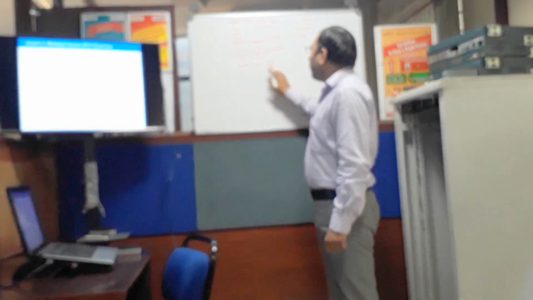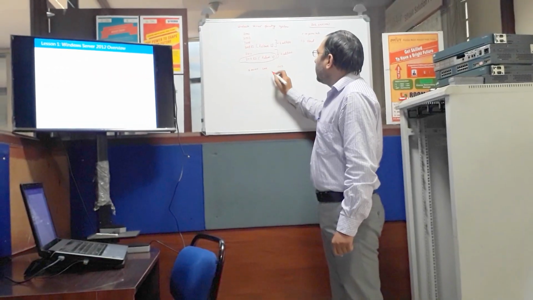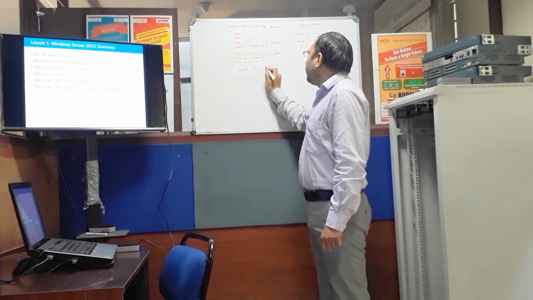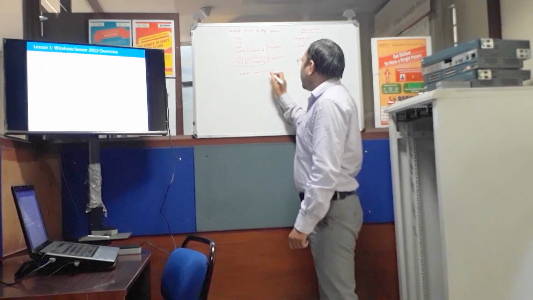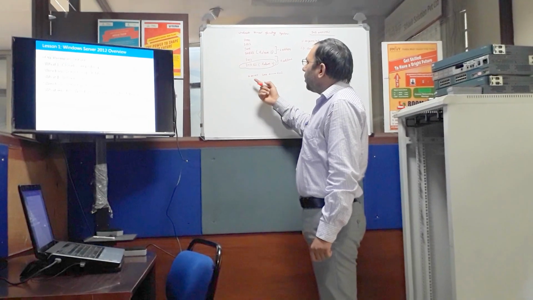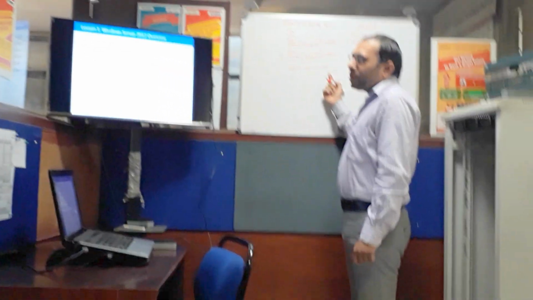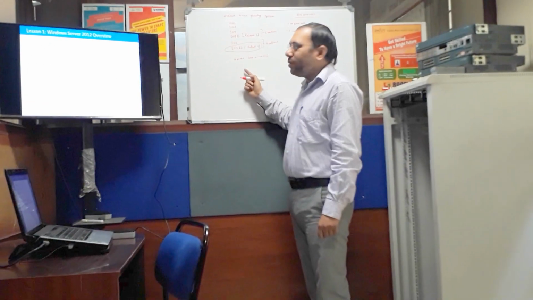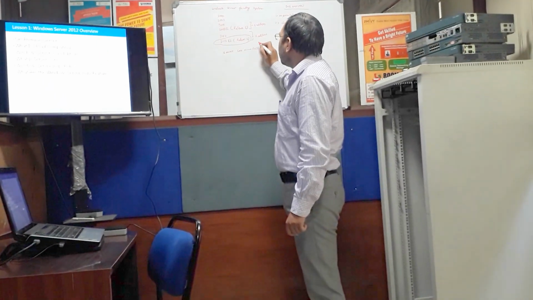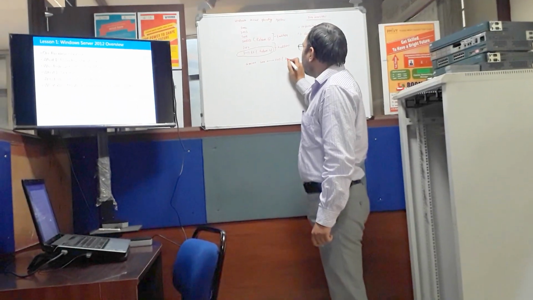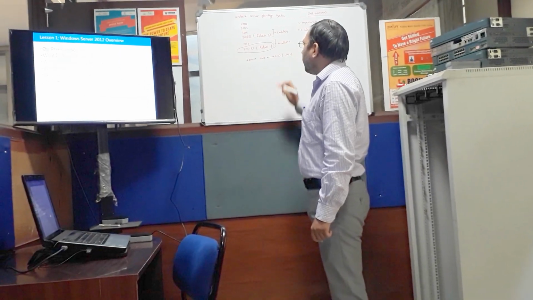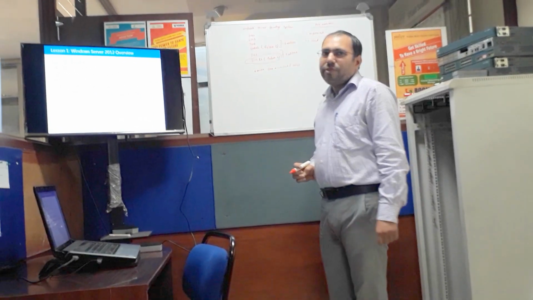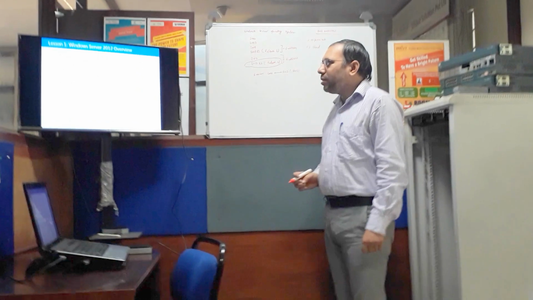In 2012, you can change from one to the other. It means you can install server core, then convert it to GUI, and convert the GUI back to server core. That was not possible in 2008. This is only possible from 2012 onwards, so that is the new feature added.